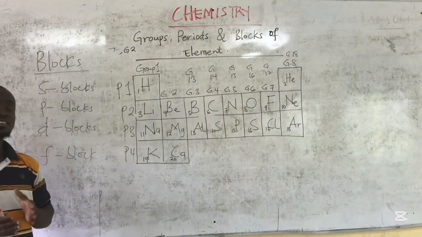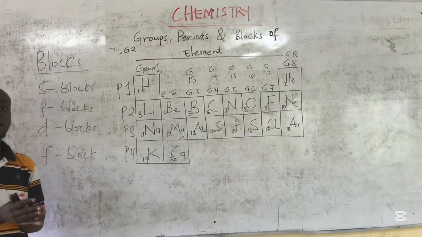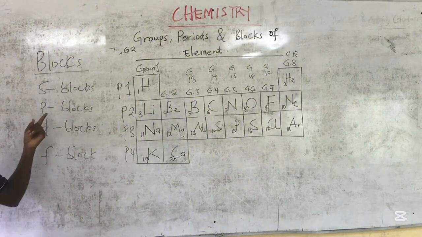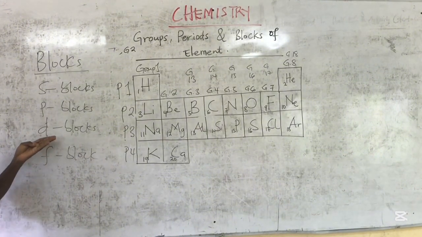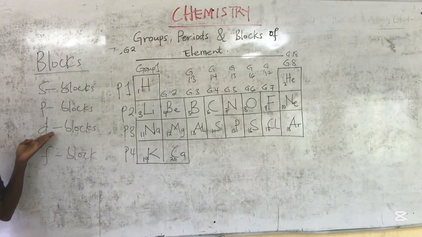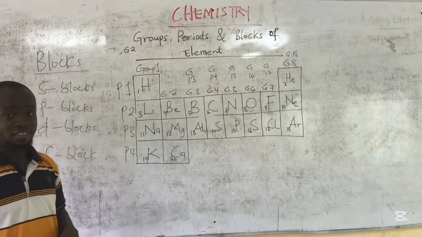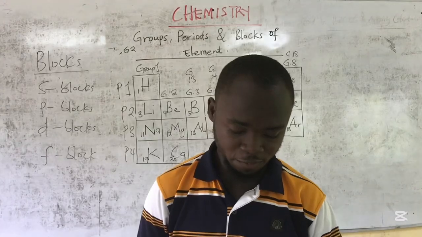If it has its valence electron located in a p orbital, it is a p block element. If it has its valence electron in the d orbital, it is a d block element. If it has a valence electron in the f orbital, it is an f block element.